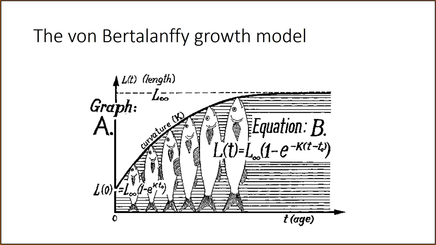There are three parameters: either L0 or T0, which tells you where the intercept falls; K, which is the slope at minimum size; and L infinity, which is the mean length at maximum age. This is by far the most commonly used growth model for fish populations.